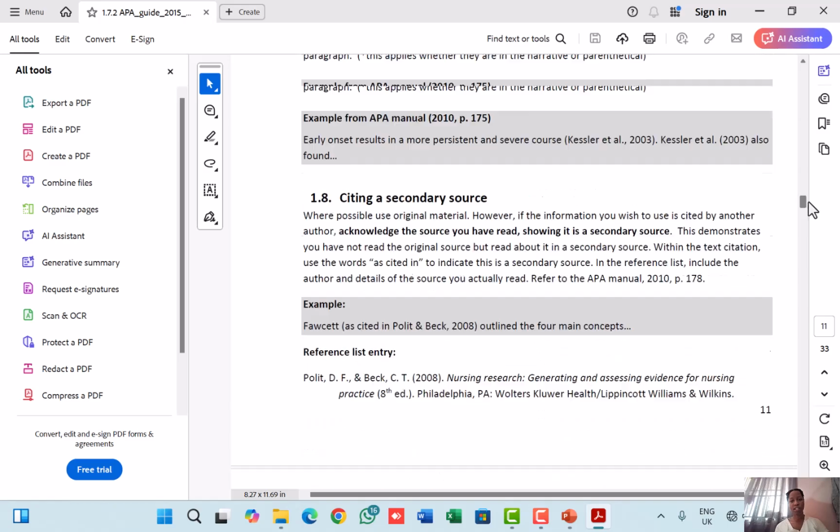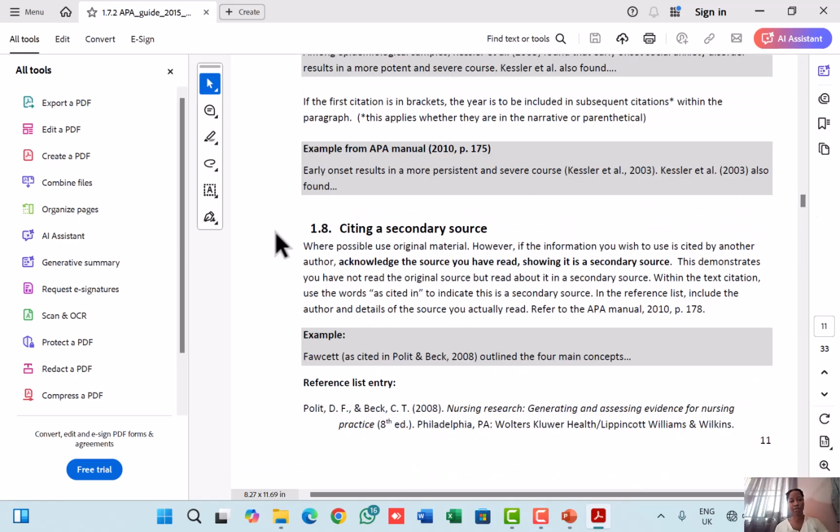Citing from a secondary source: where possible, use original material. However, sometimes the information you wish to use is cited by another person. Let's see an example. Let's say the name is John. John, as cited in Pollitt and Becky, outlined the four main concepts.